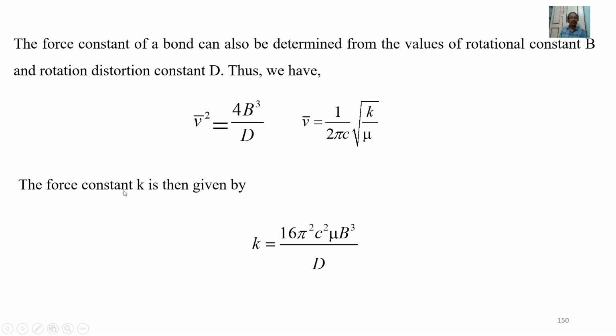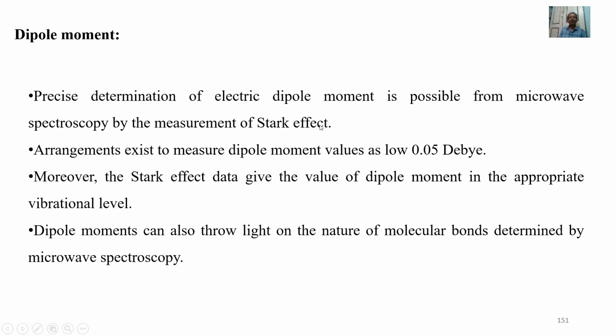The force constant K is then given by K equals 16 pi squared c squared mu B cubed by D. Thus, the force constant of the bond can be determined from the values of the rotational constant B and the rotational distortion constant D of any diatomic molecule.